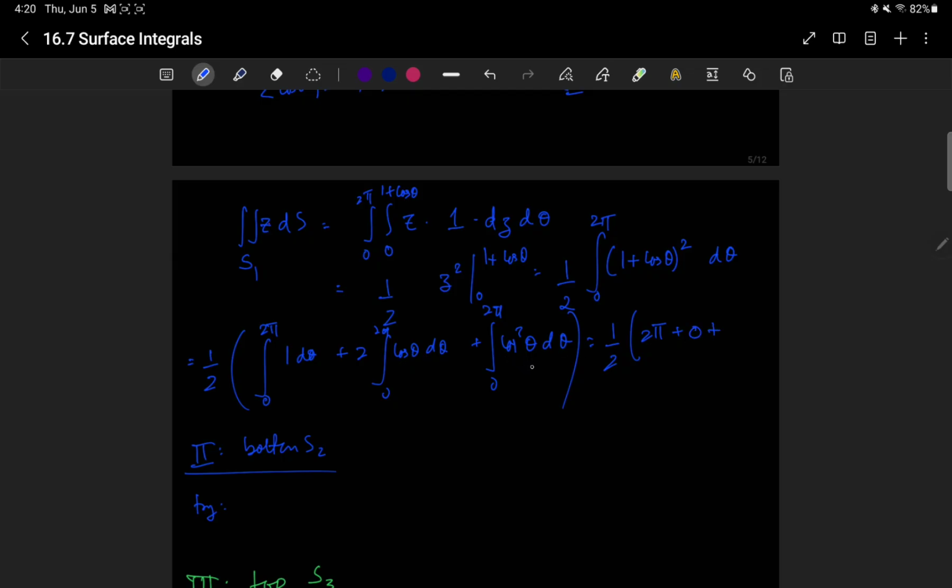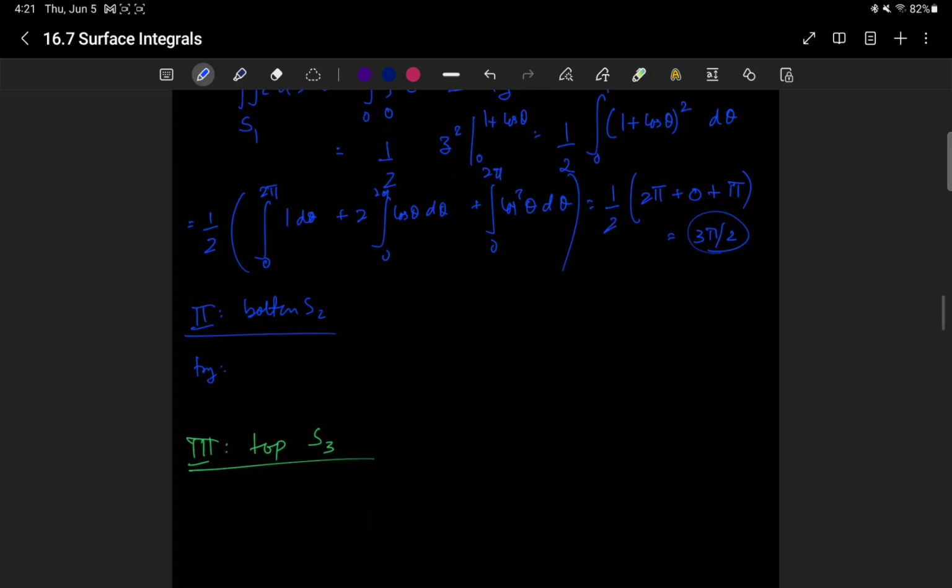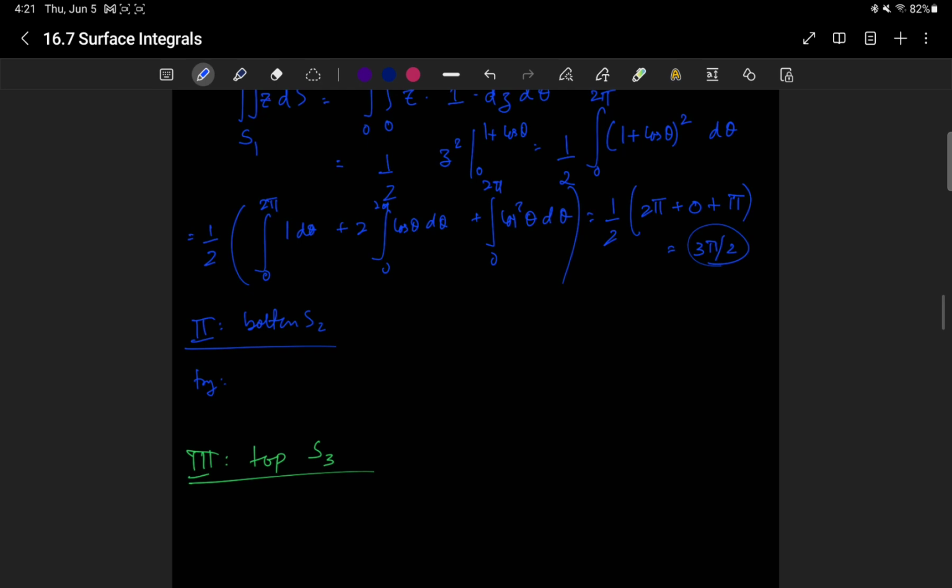And the third one, we have worked with this a bunch of times, it just ends up being pi. So this becomes 3 pi over 2. So the contribution of the surface S1, which is the wrapped around side, to the surface integral is 3 pi over 2. Now the bottom, we don't even have to parameterize, because for the bottom z is 0. So whatever happens, it's just 0, so it doesn't contribute anything.